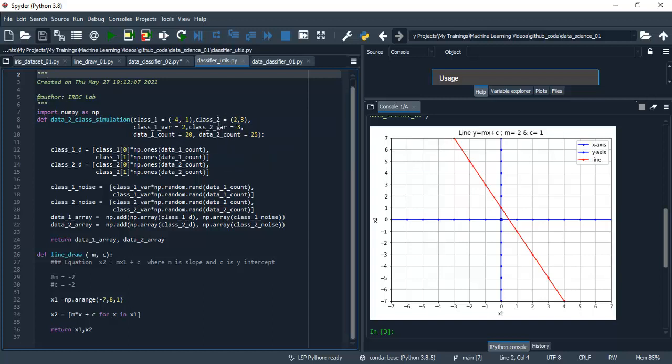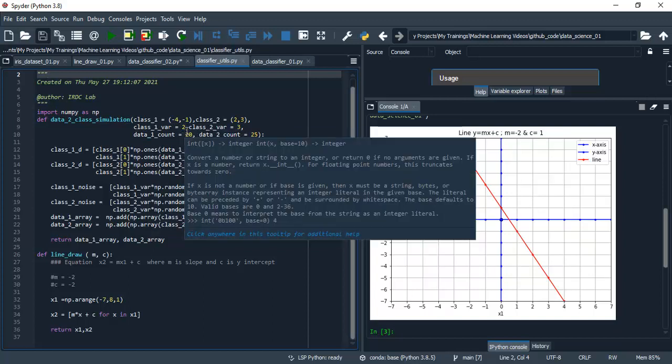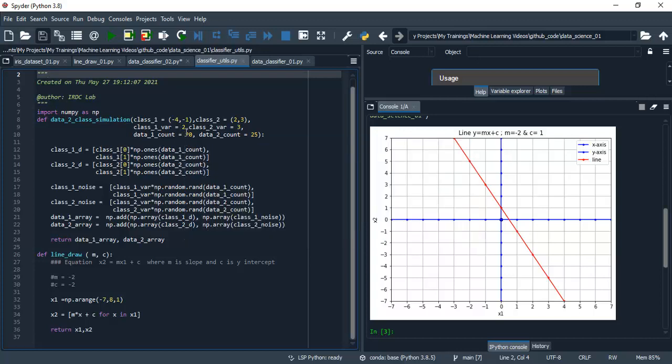So that is the center point for class 1, and there is a center point for class 2. Then class 1 variance: because we are adding noise to each class, class 1 data will get a noise of around 2, a variance of 2. So there could be the addition of 1.8 or 1.9 or 2.1 or 2.3.